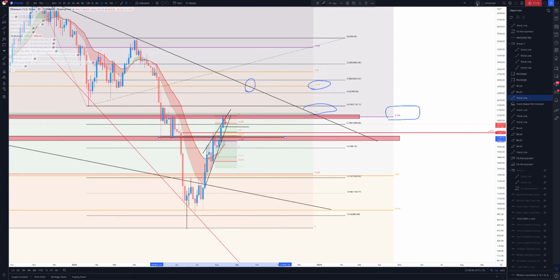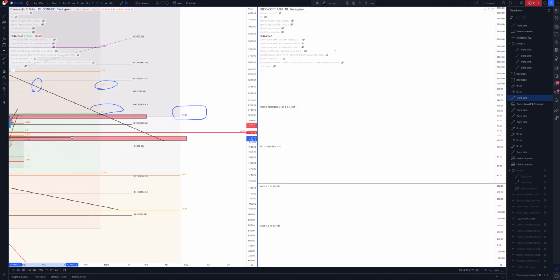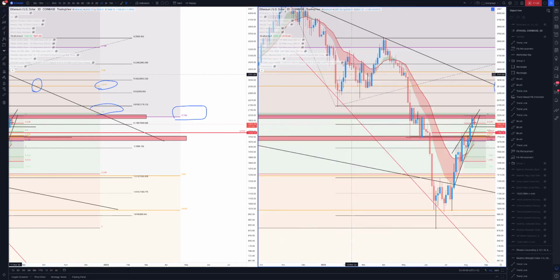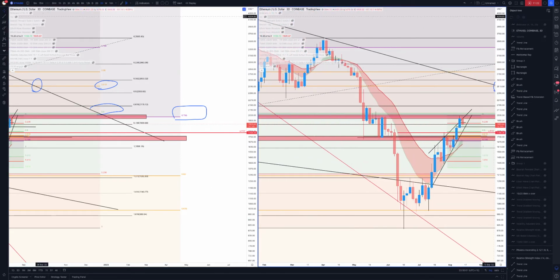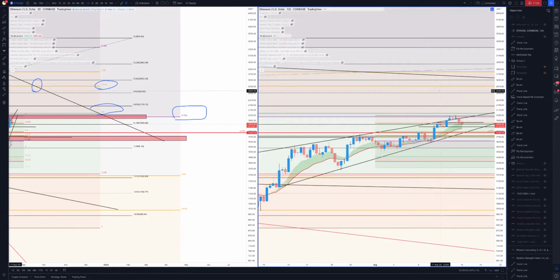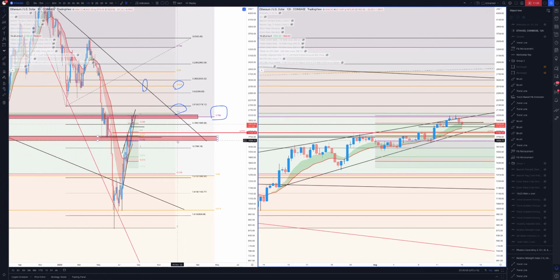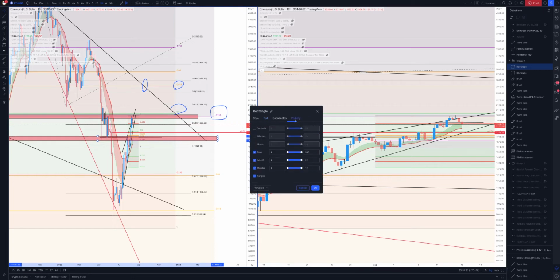So if we split this in screen and just look at the small time period, like I was talking about, the 12 hour, and if I was to just sync this onto the other one, didn't quite sync to it. Okay, on the 12 hours.